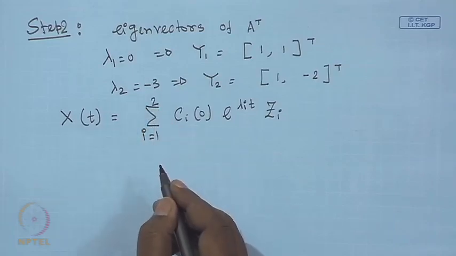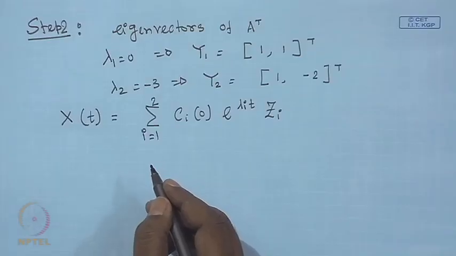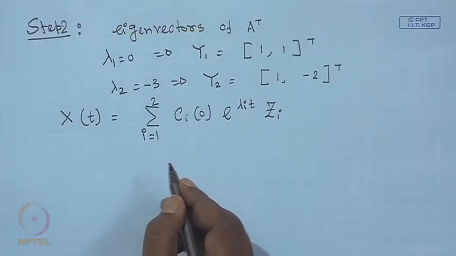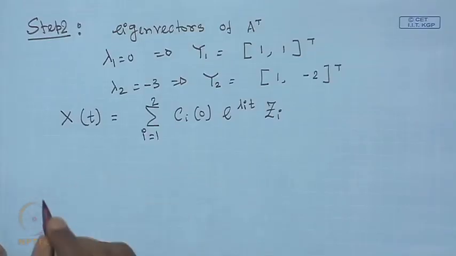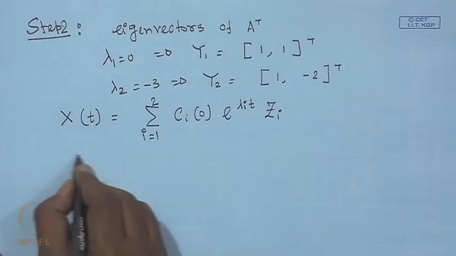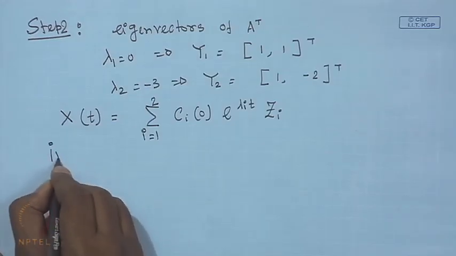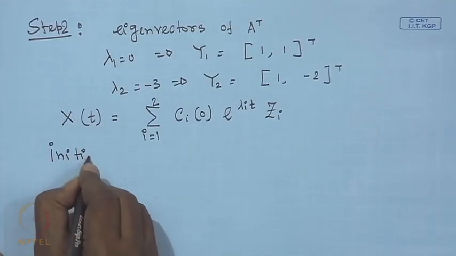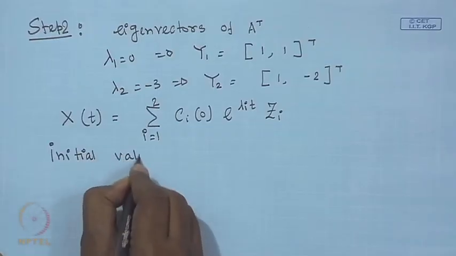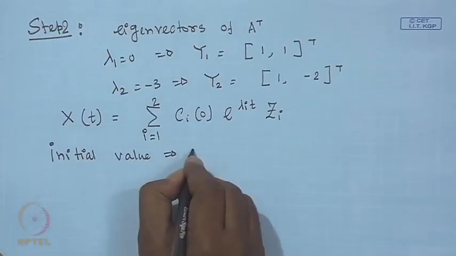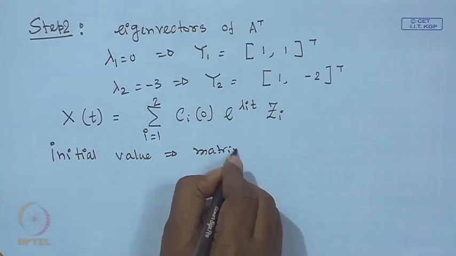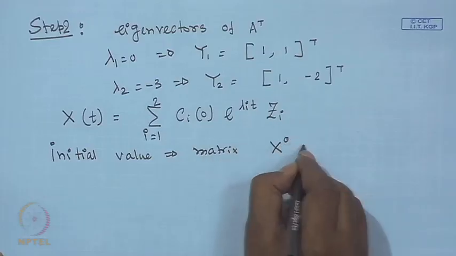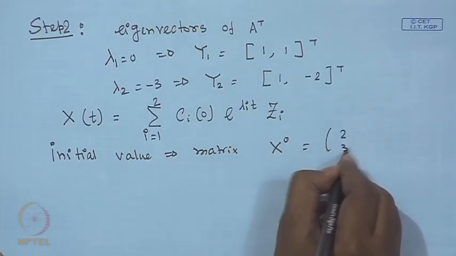Once we get that, the next step is how to obtain the C i's. Now, in this particular problem, let us say the initial value matrix is given as x naught, 2 and 3.